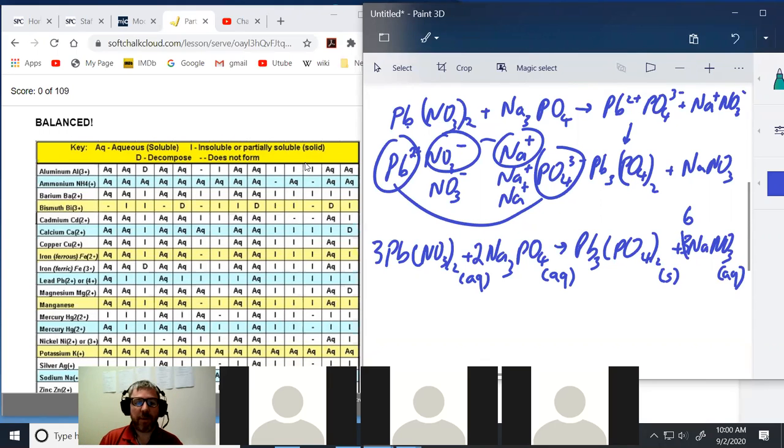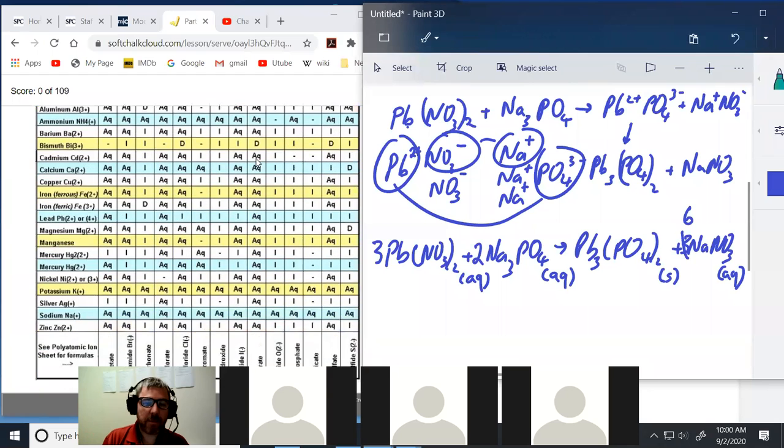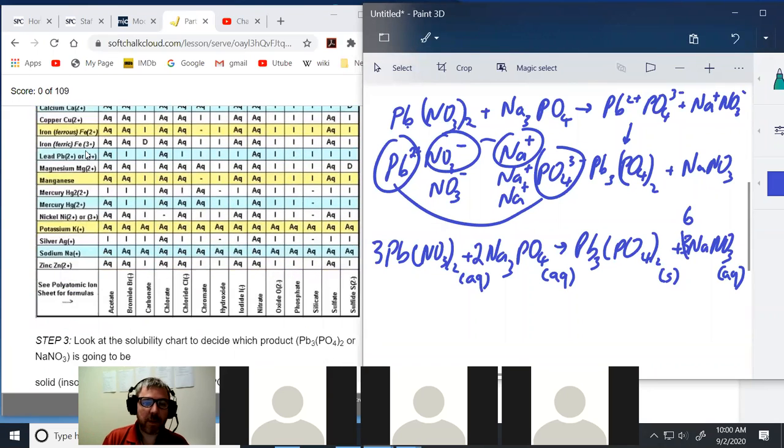Looking at that, if I combine lead and phosphate, where is that? Here we go. Lead and phosphate, you see it comes up to be an I. So that means that this is going to be insoluble, which means it's a solid. And sodium and nitrate is going to be aqueous.